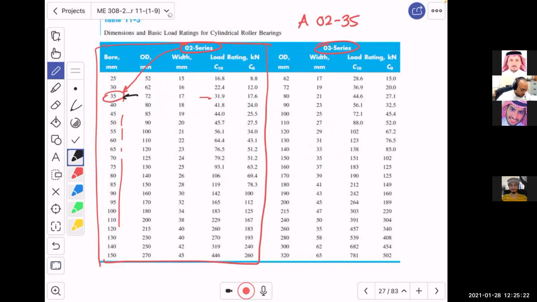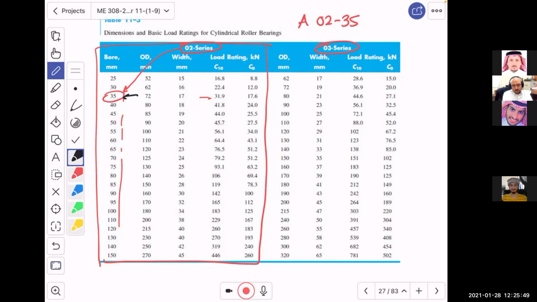If yielding told you to use 20, you're not going to use 20, because a bearing with that bore size may fail. So what are you going to use? You're going to use a bearing which needs 35. So this is a more realistic way to estimate the beginning of the diameter.